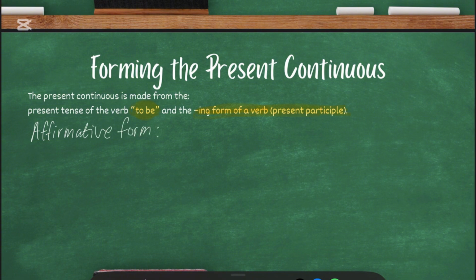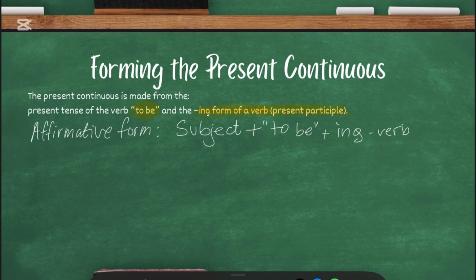So we always need a subject, right? Subject plus the verb to be. So I will type in to be. It's the verb to be plus the present participle of the main verb, or I will type in ing verb.